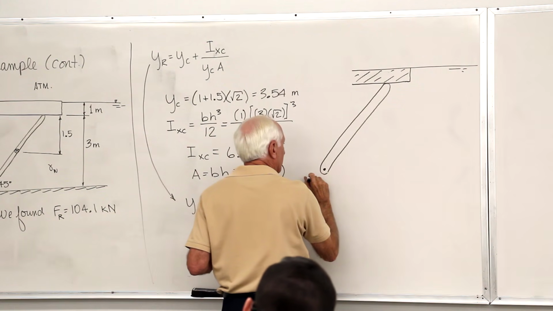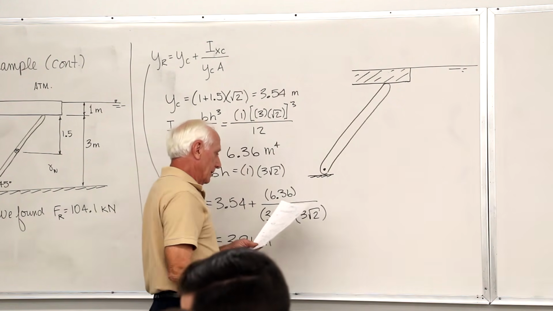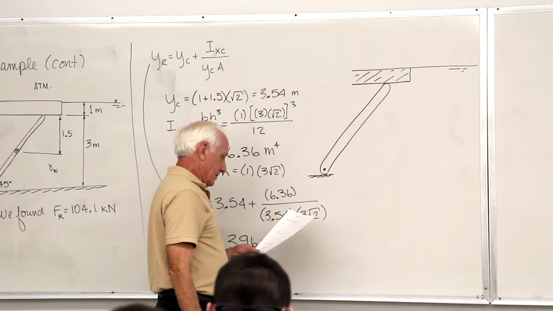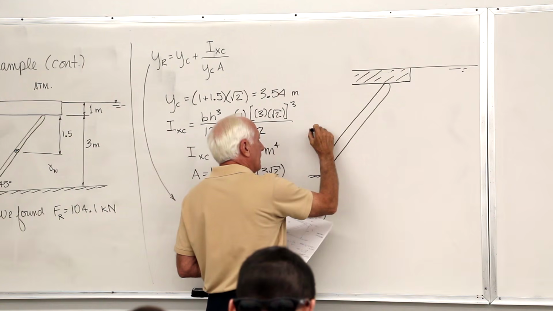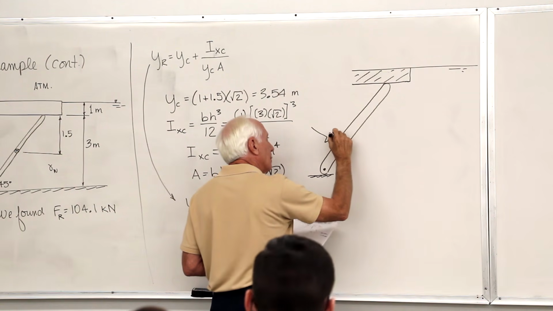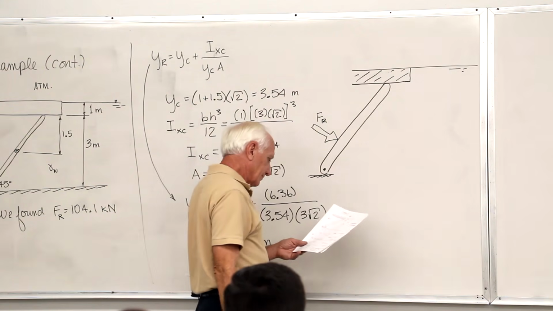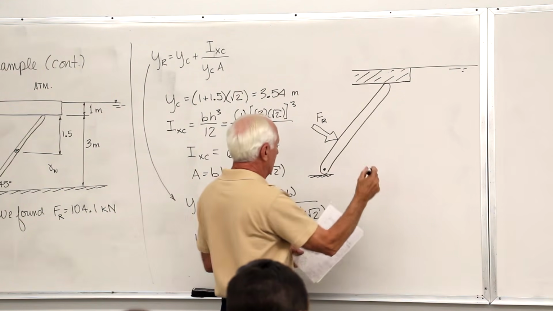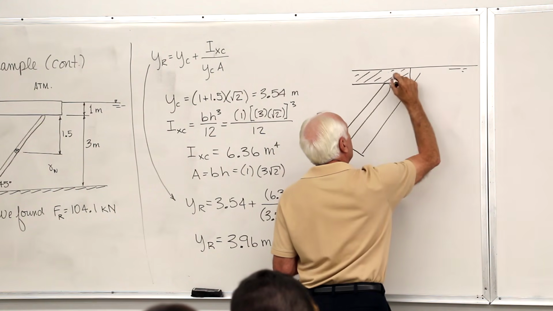Hinge point. F sub r acting here. The distance down from here to here.